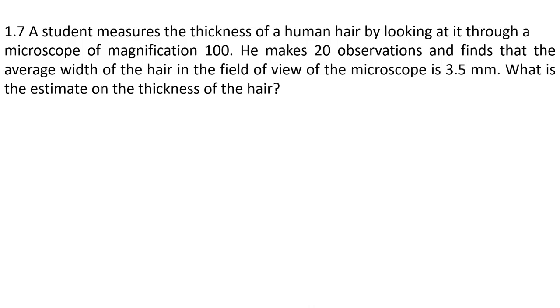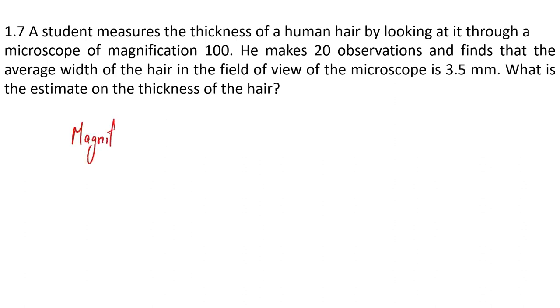Here the student has taken 20 observations in order to reduce the random error that may have occurred and accurately measure the thickness of the human hair. And since the magnification of the microscope is 100, let's look at the solution.